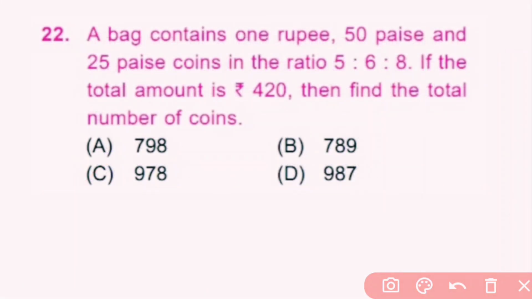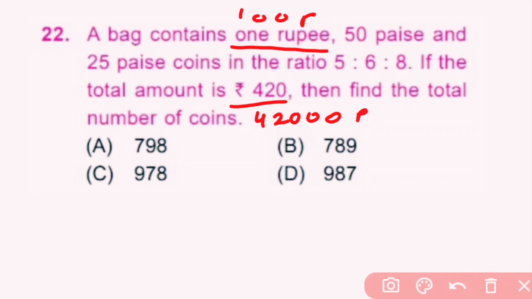Question number 22. A bag contains 1 rupee, 50 paise and 25 paise coins in the ratio 5:6:8. If the total amount is rupees 420, then find the total number of coins. So here we first convert rupees into paise. 1 rupee is equal to 100 paise and 420 rupees is equal to 42,000 paise.